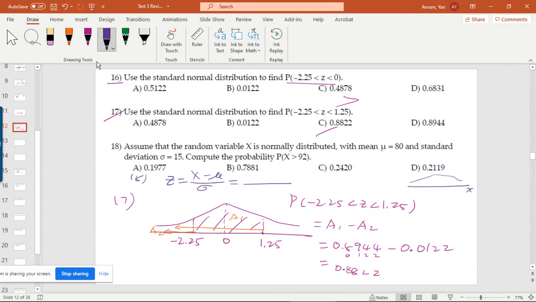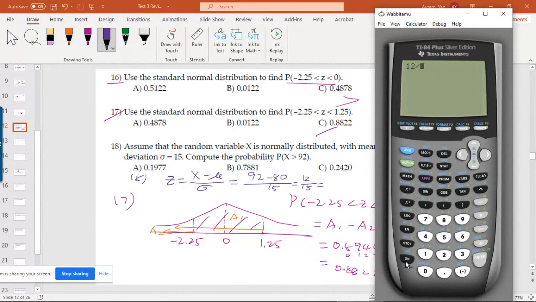And then this mu here is 80, in the middle, right? And then we have x greater than 92, so 92 is greater than, the area to the right-hand side. So we have 92 minus 80 divided by sigma in here, and then you can use the calculator.